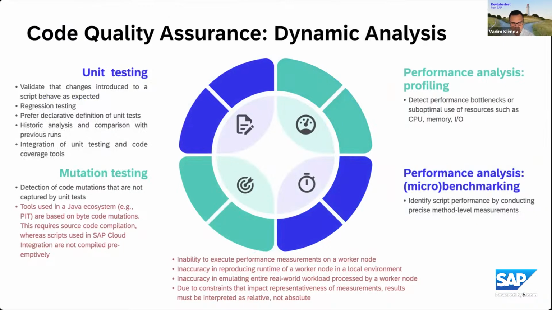And as well, integration to unit testing and code coverage tools. That's also an important aspect, that a lot of unit testing tools play hand in hand with code coverage tools. One of the key metrics for unit testing is the code coverage. So we need to be able to see if the unit test suite that we composed covers as much as possible of the code base of the script that we developed, so that we don't see any code which has been developed but which is not tested.